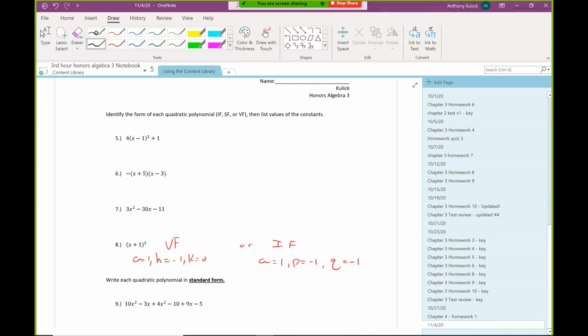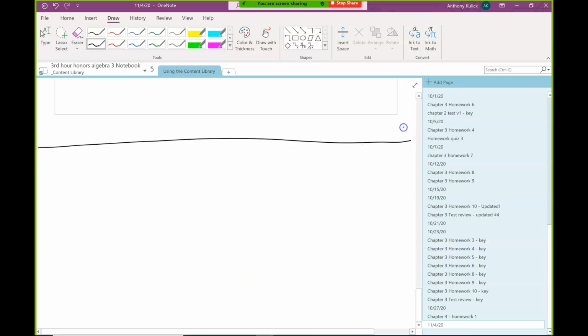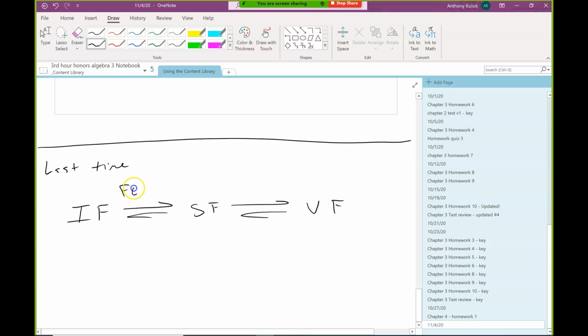Okay. So starting today, last time we had talked about quadratics, and we talked about how to move back and forth between the different forms. And really, I think last time we focused mainly on these two paths, right?